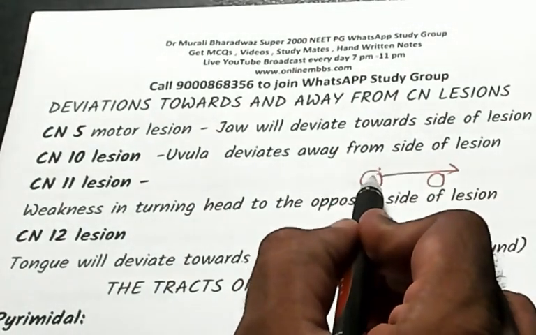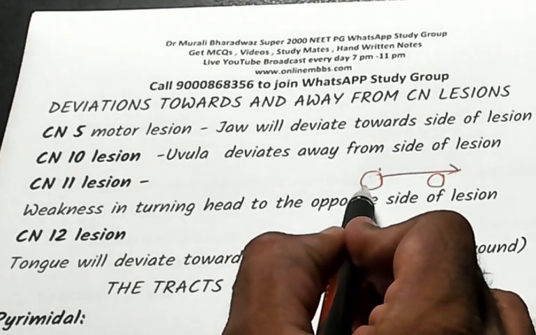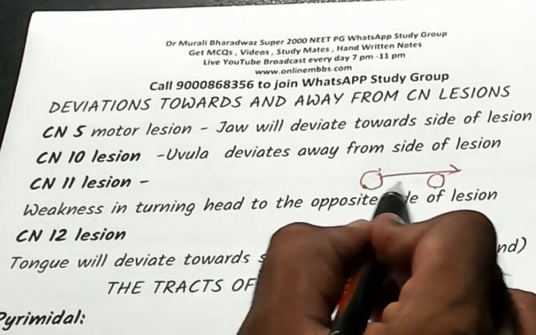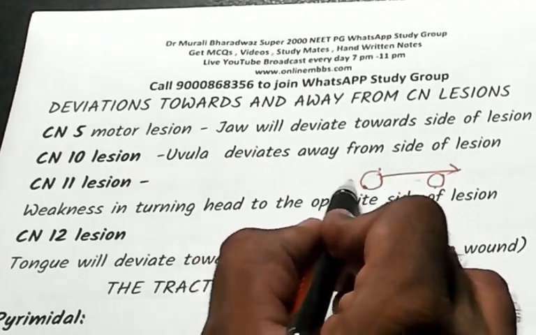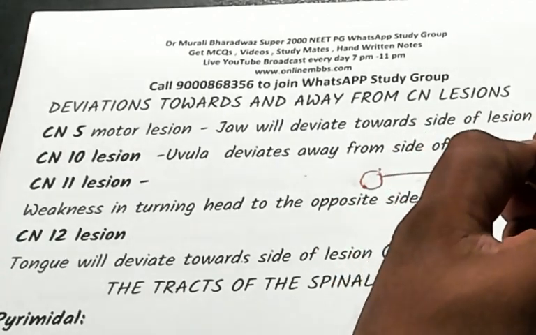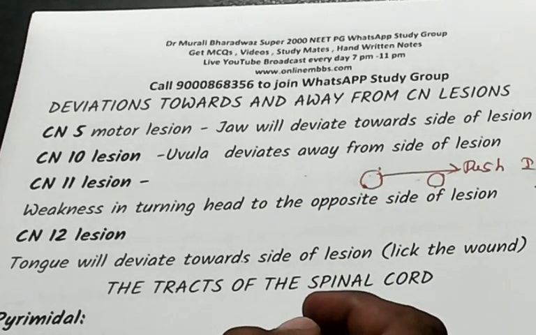If the normal function is to push, and this side got affected, then the other side will push unopposed. So deviation will be ipsilateral. If pushing is the normal function, deviation will be ipsilateral to the side of lesion, right?